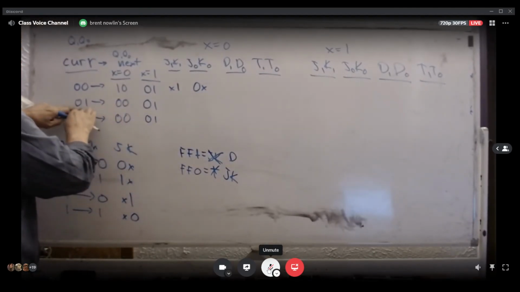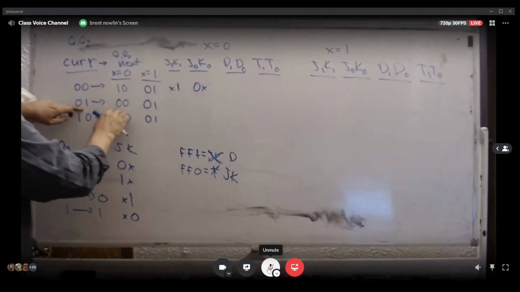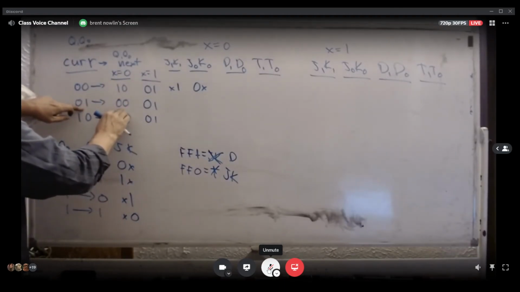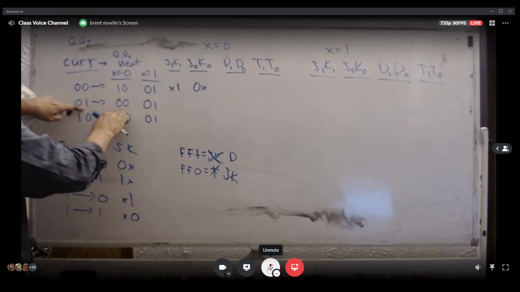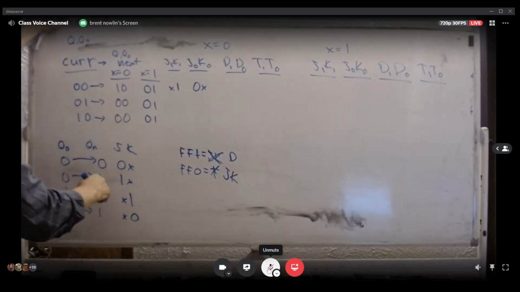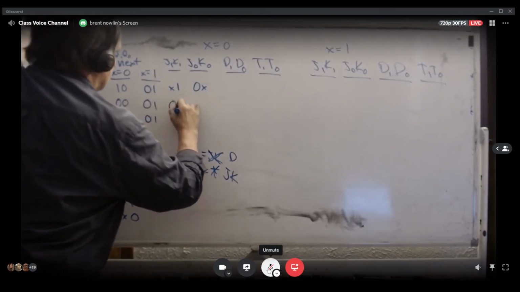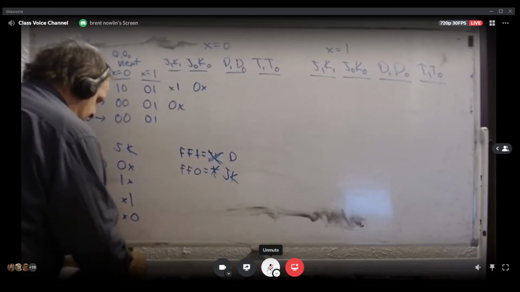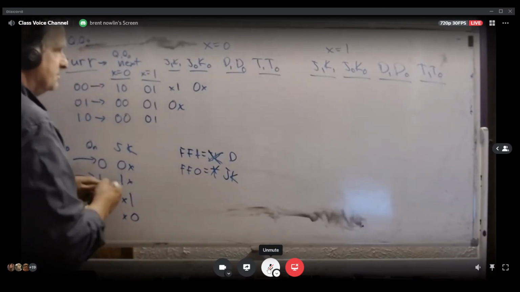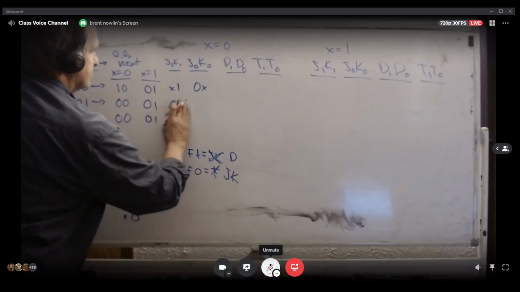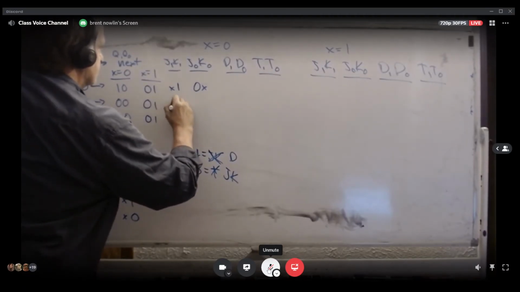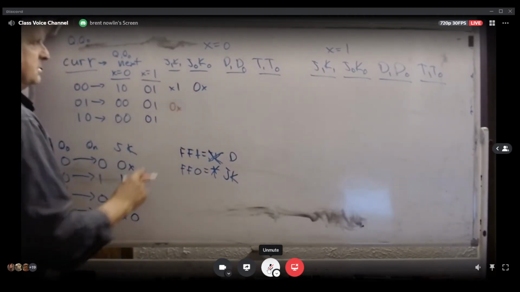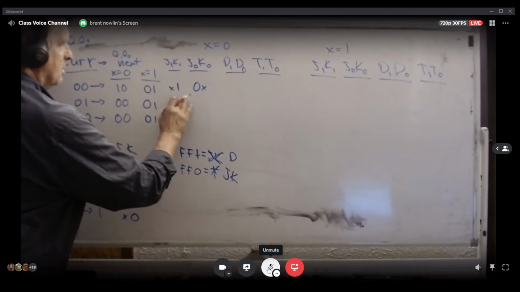So if we're in state 0, 1, and x equals 0, we go to state 0, 0, do we not? Yeah, that's what the table is showing. The 0 goes to 0, so that would be 0x, right? Yes, it would be. And then the 1 goes to 0, so that would be x1 for J0, K0. Does the orange show up?